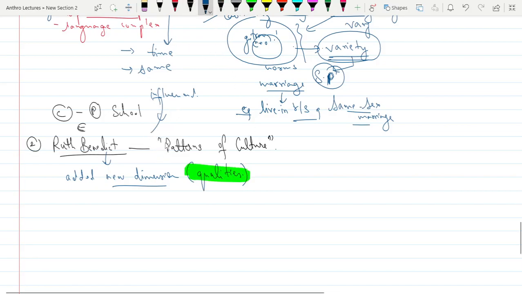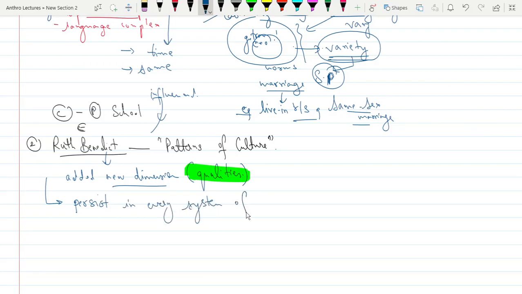According to her, these qualities exist everywhere, in every society, in every organization of a social setting. That is, it persists in every system of organization within the culture.